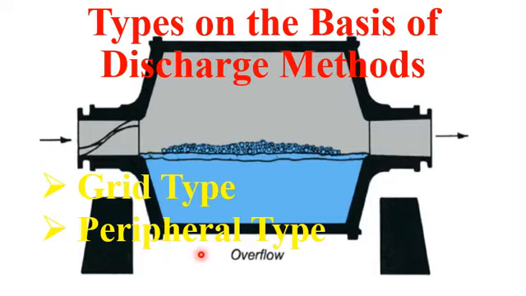Okay, so these are the three main types of ball mill machines which are based on discharge method, or which are based on the way through which the final product is discharged from the ball milling apparatus.